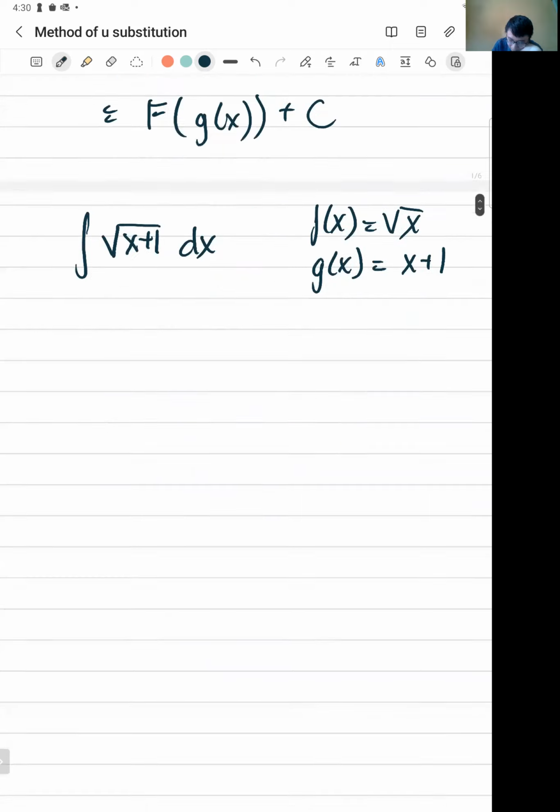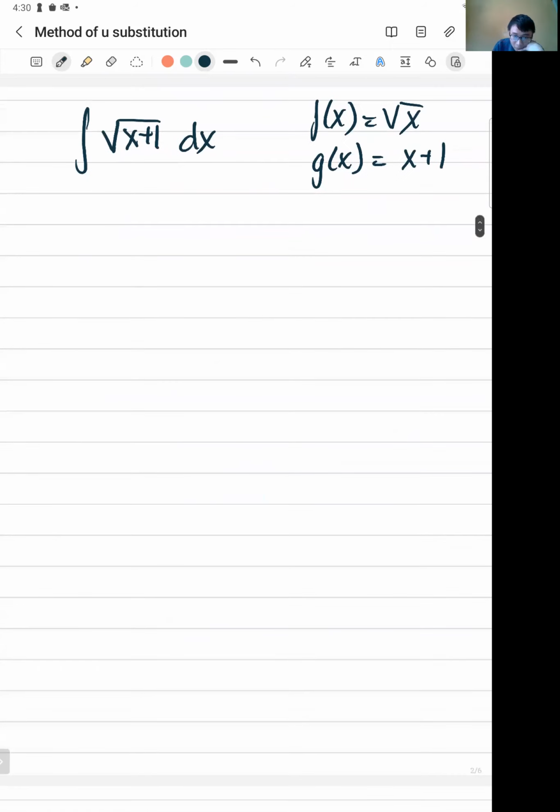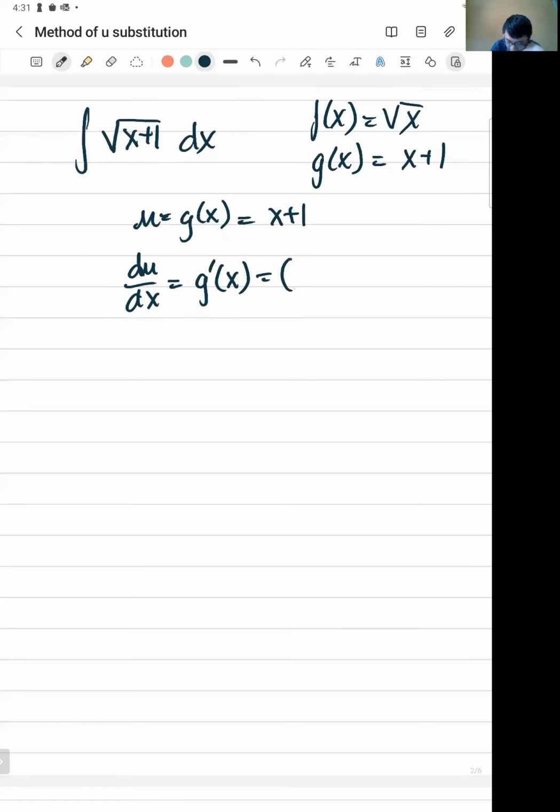Okay, so as I introduced, I said u is equal to g of x, and that's equal to x plus 1. So du over dx is equal to the derivative of g of x, that is, the derivative of x plus 1, which is equal to 1.